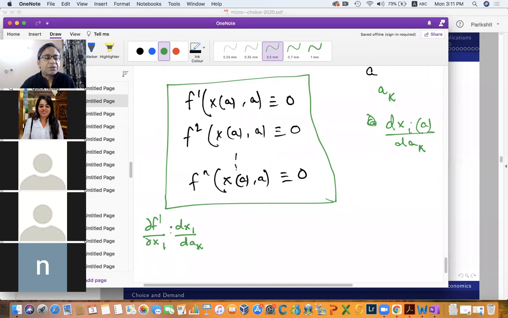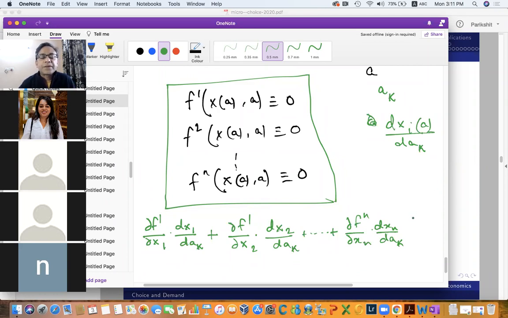So that's captured in this first term. Then we'll have a second term, which is the same function's partial derivative with respect to x2 times how much x2 changes in response to a shift in the kth parameter, and so on till ∂f1/∂xn times dxn/dak.